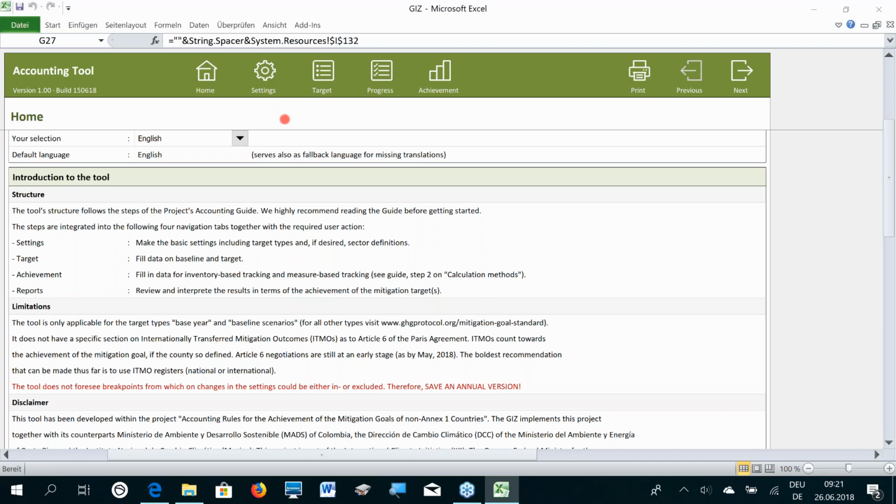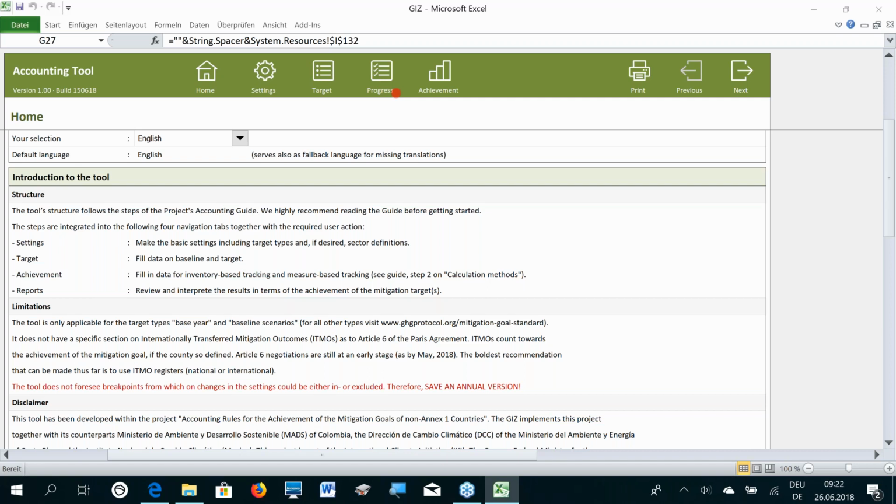And respective to the target, you put it already here in the second section. You define what type of target it is. You also put the numbers of the target. You do that in reference to a base year or in reference to a baseline.